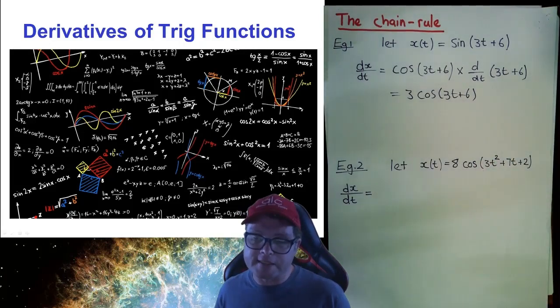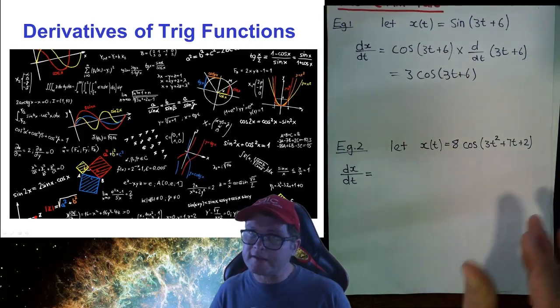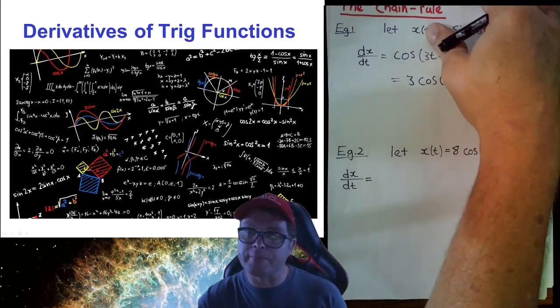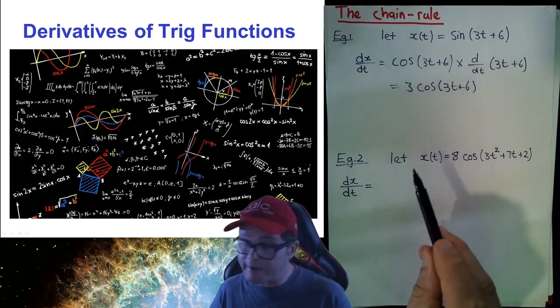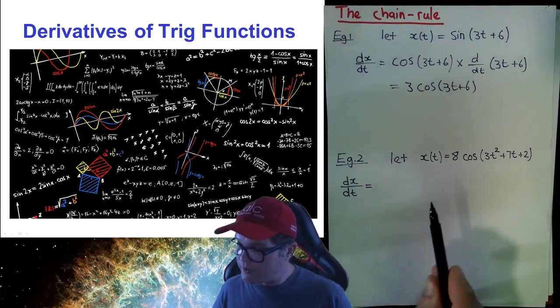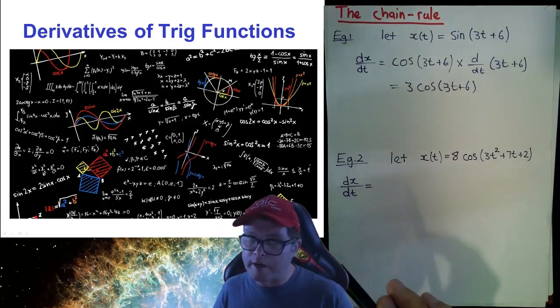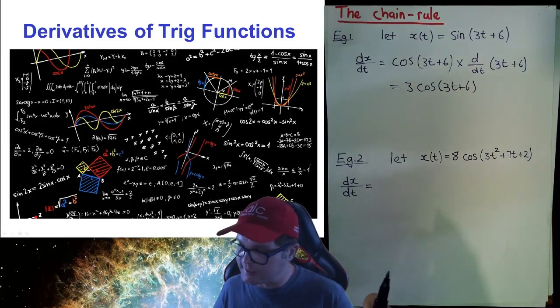Let's take a look at another example. So in this second example of us applying the chain rule, we're given x as a function of t is 8 cos of this, and we're asked to calculate what is dx dt. So what is the first derivative with respect to t?